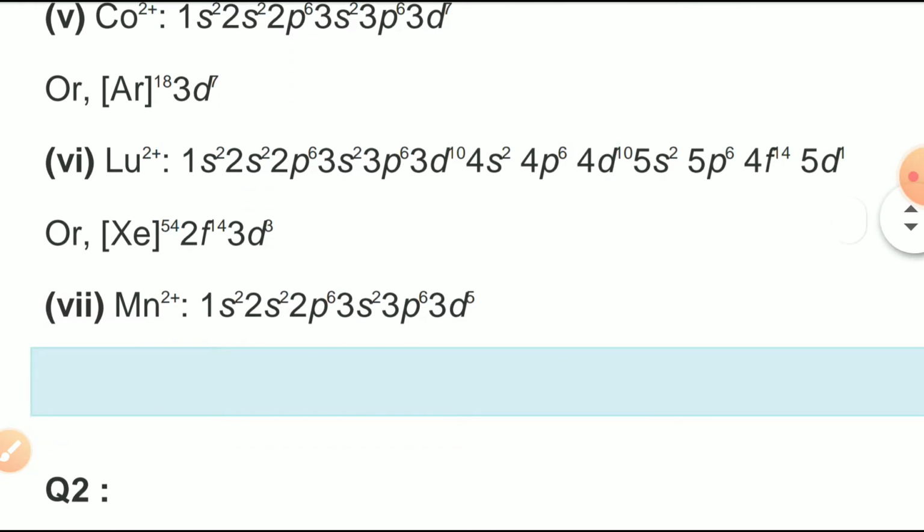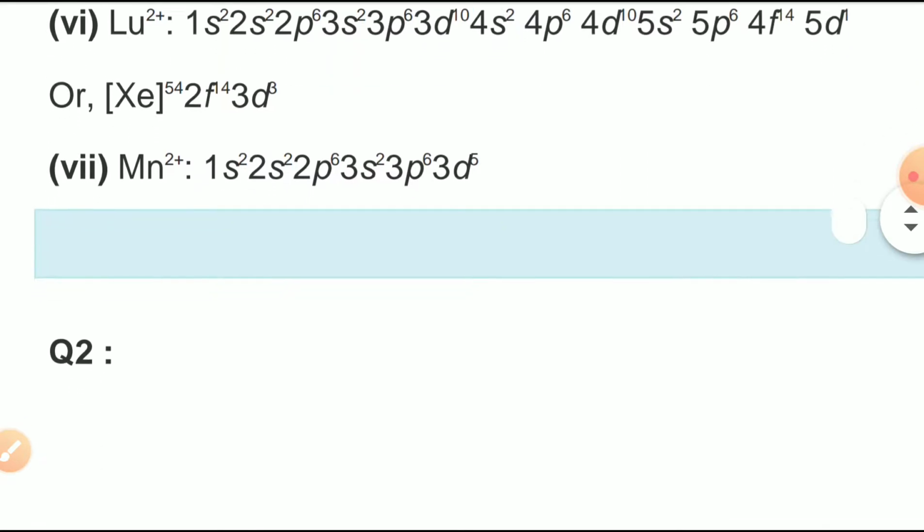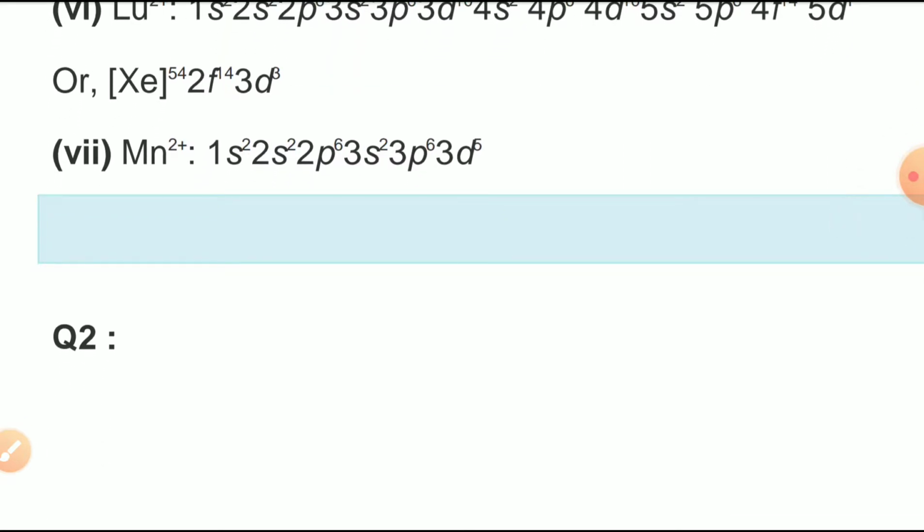Then manganese 2+ is having argon core and 3d5 state.